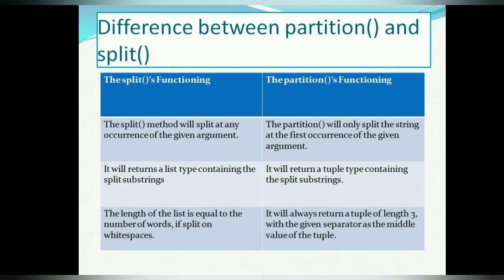The partition method will return a tuple containing the split substrings. Split will return a list and partition will return a tuple. If we split on white spaces, then the length of the list is equal to the number of words. The partition method will return a tuple of length 3 only, with the separator as the middle value of the tuple, the part before the separator and the part after the separator.